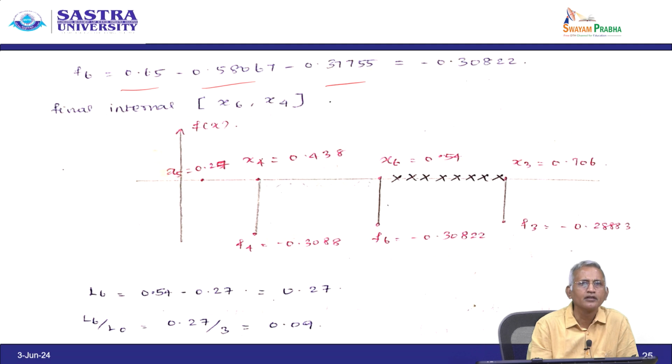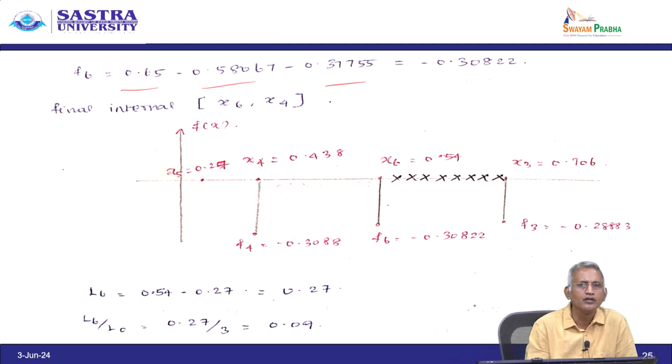Therefore, the final interval is x6 and x4, because x4 value is 0.438, corresponding f4 is minus 0.3088, x6 is 0.54, comparing with f6 is minus 0.30822, x3 equal to 0.706 and f3 is minus 0.2883.